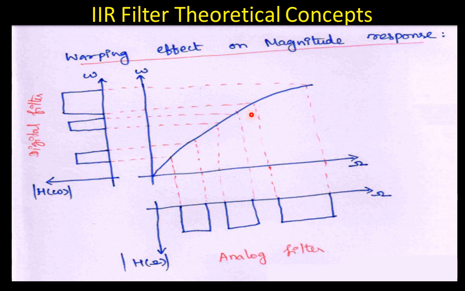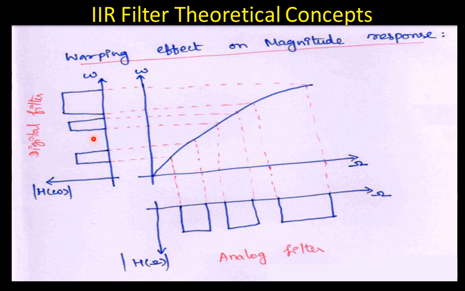Due to the non-linear relationship between ohm and omega, if you cross verify and expand all those points, all three bands are available as we have given in the specifications of analog, converted into digital. We have all three bands at the end point, but you compare the width of all three bands. In our specification the widths are 1, 2 and 3, but if you compare, these widths are not equal.